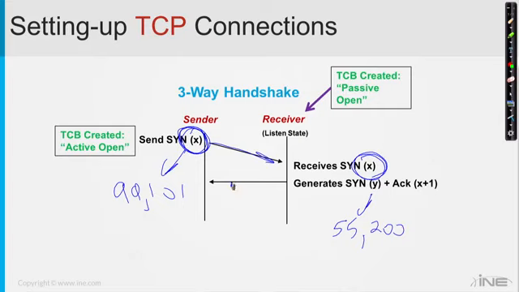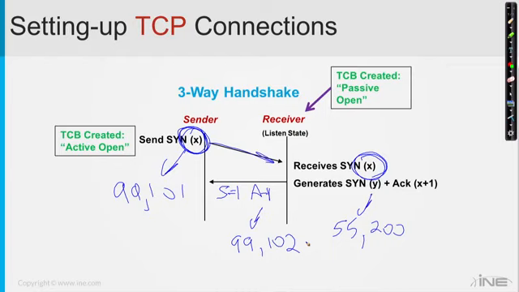In addition to the SYN, which is just one bit, the SYN flag set to a 1, he also populates the ACK flag, sets that bit, and in the acknowledgement field, the number he sends back is going to be 99,102.